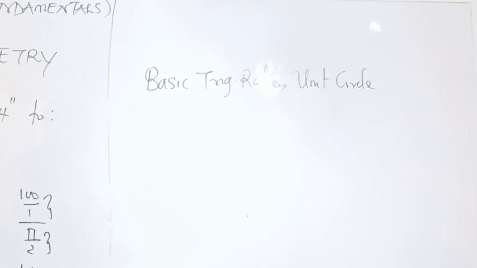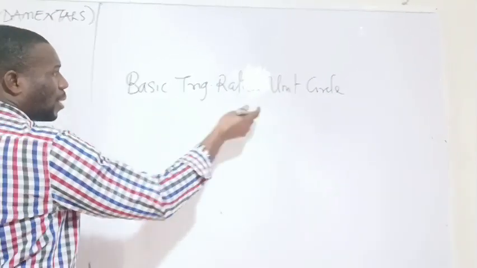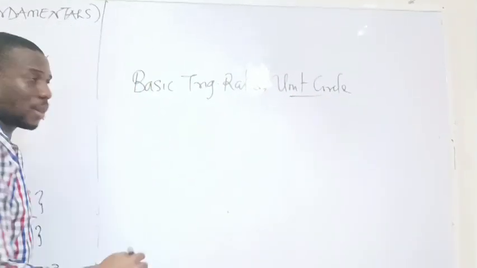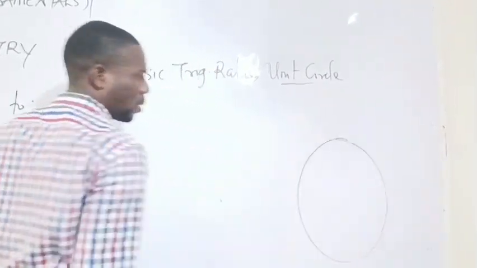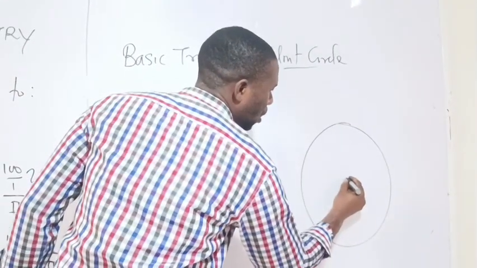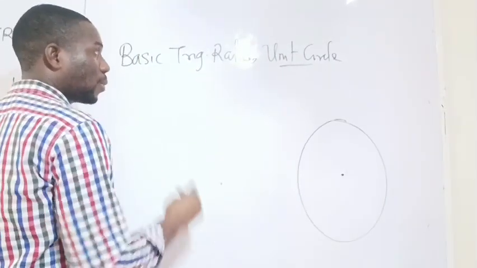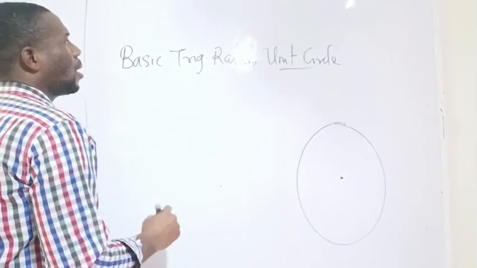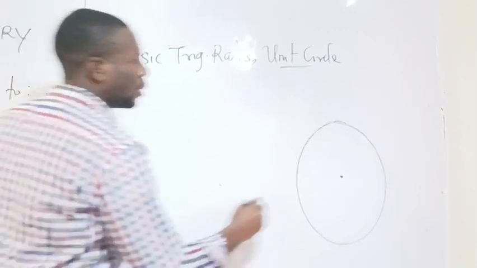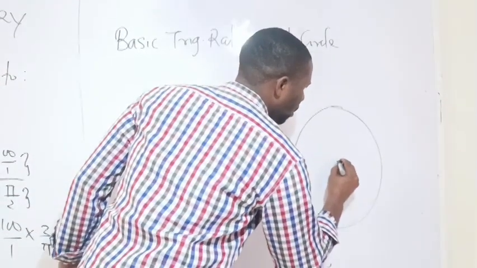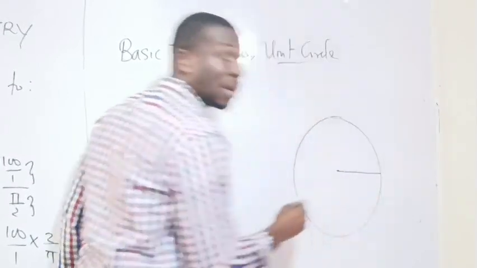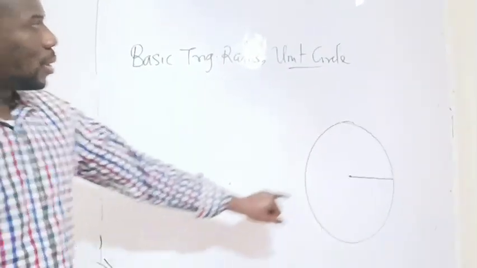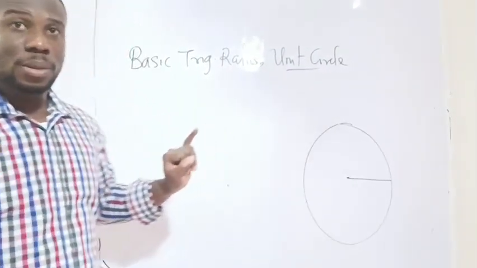Okay, so let me start with a unit circle. If I have a circle like so, not properly drawn, and this is the center of the circle. Now, if I define this to be the radius, the line from the center touching any point on the circumference of the circle, we call this the radius.